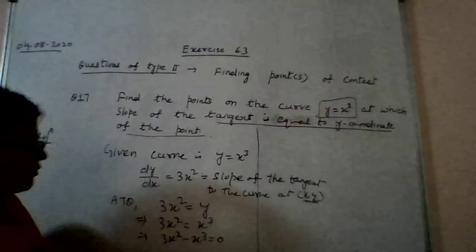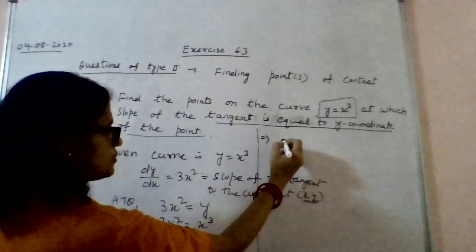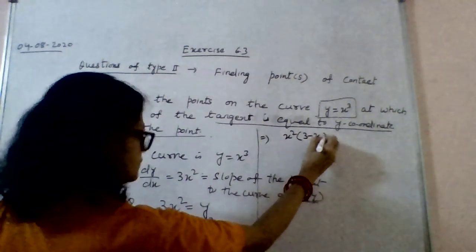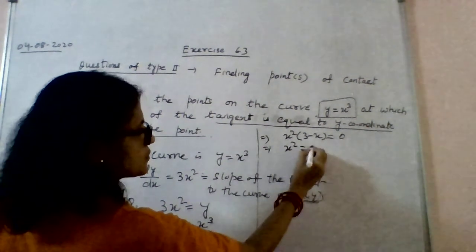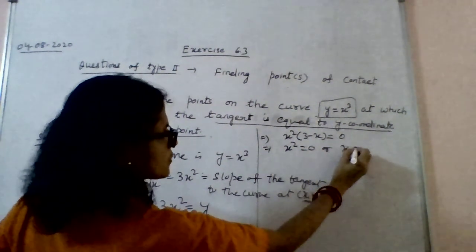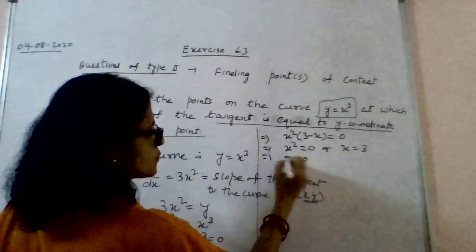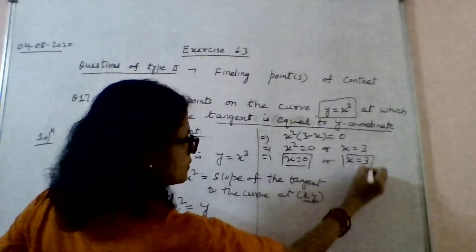You can take x square common. So this implies x square into (3 minus x) equal to 0. So we get x square equal to 0 or x equal to 3. It means x equal to 0 or x equal to 3.